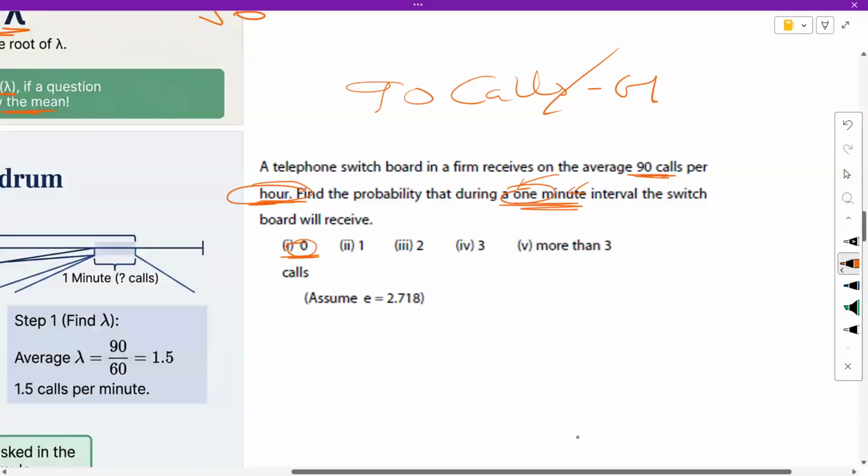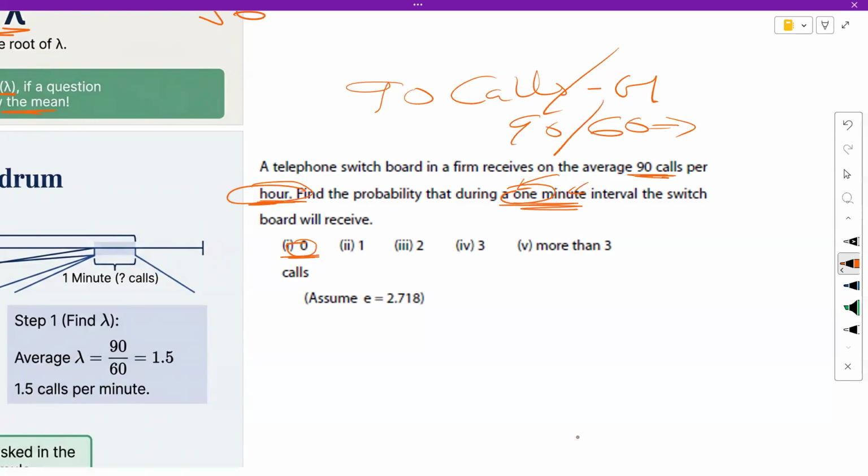Now we convert. Here 90 calls for 60 minutes. Then how many calls per minute? 1.5.